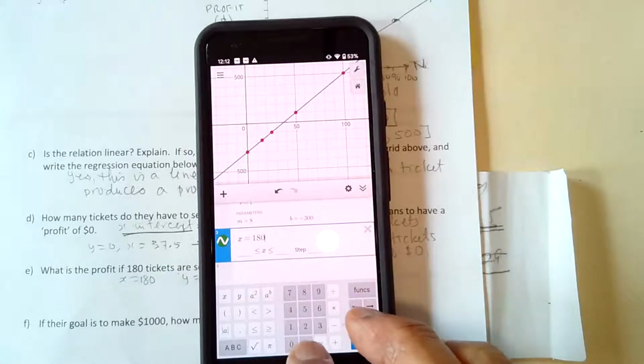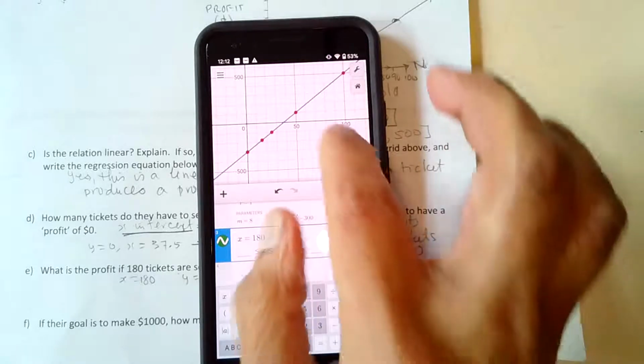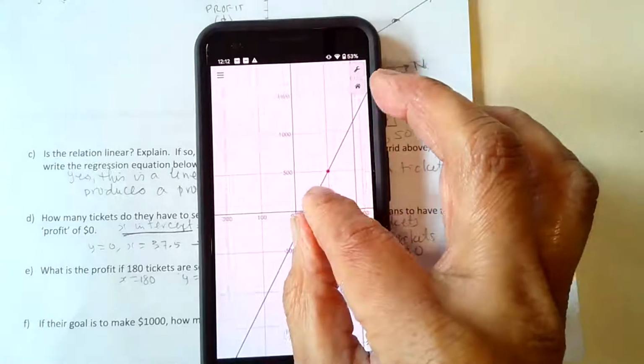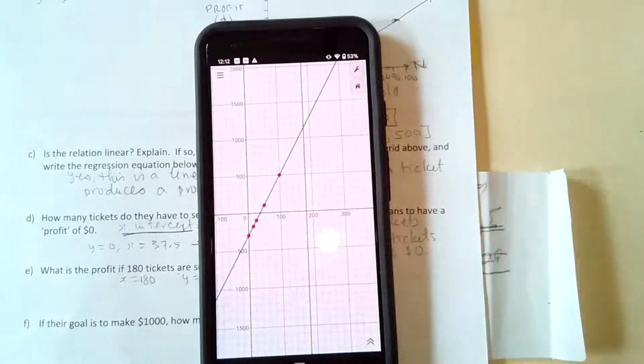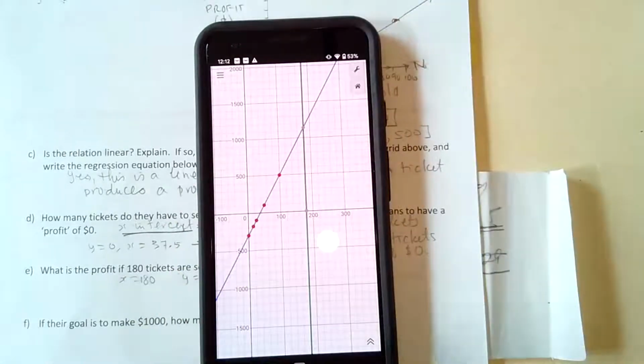What is the y? So now we have our equation here. Now we need to zoom in. So there's my 180, the green line. I tap on it again.